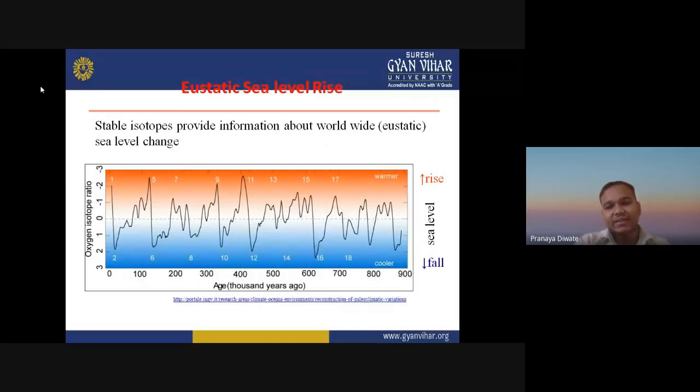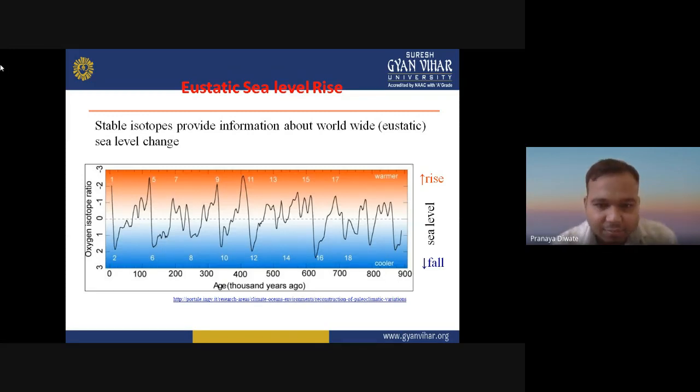You can see there is a certain cyclicity, like several glacial and interglacial periods. You can see the difference between warming and cooling in such a short time frame.